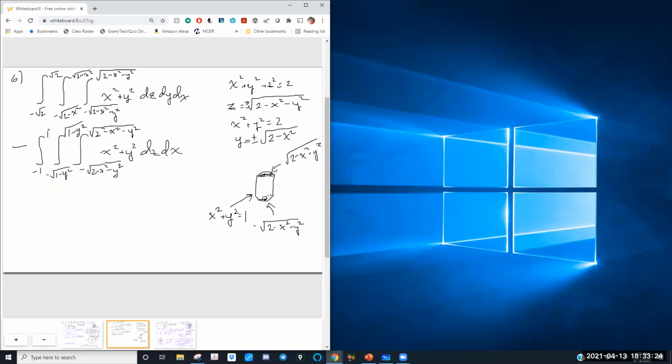Oh yeah. Guys, with triple integrals, the bookkeeping, I call it bookkeeping. It reminds me of integration by parts.